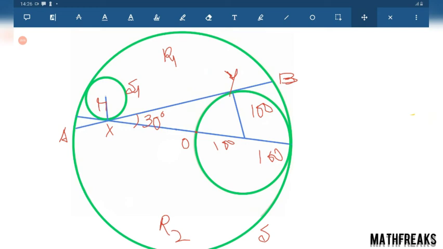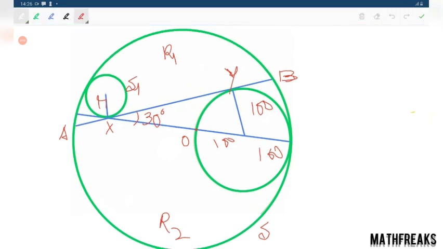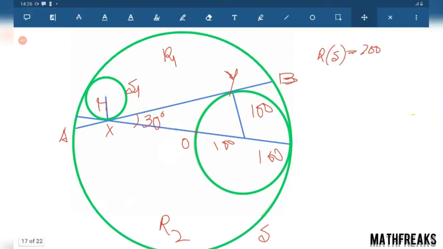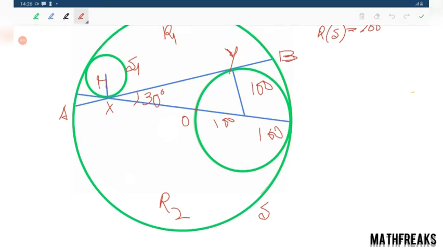Now we are having the complete diagram. So radius of S is 200, clearly visible from the diagram. 100 plus 100. This angle is 60 degrees.